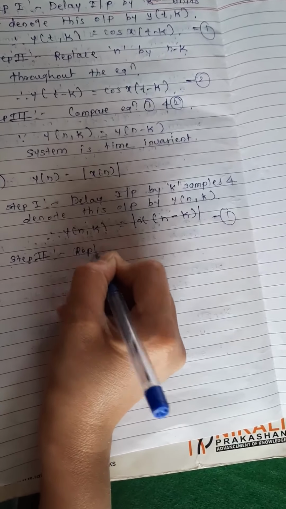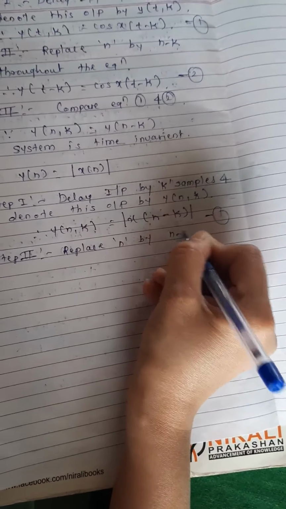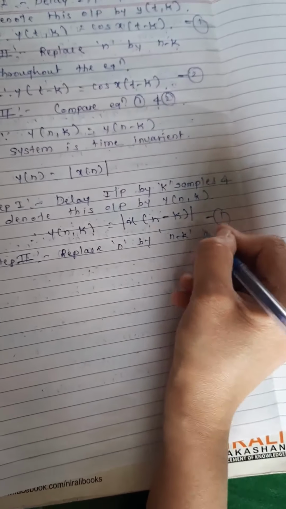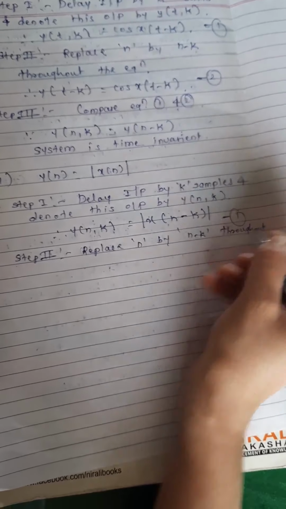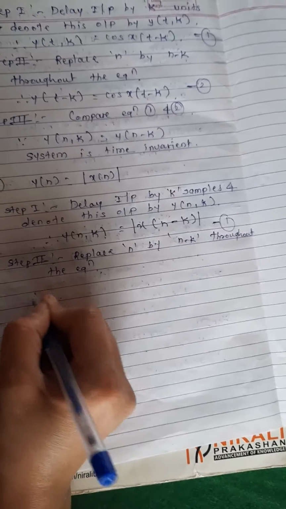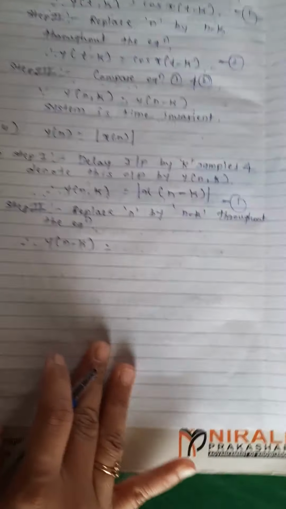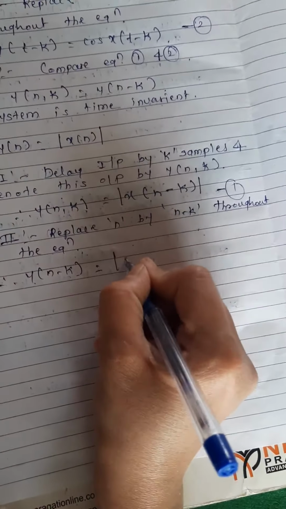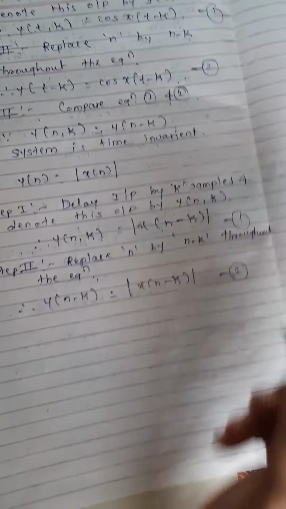Next is step 2. Replace n by n minus k throughout the equation. Therefore y of n minus k is equal to mod of x of n minus k. This is equation 2. Now we have to compare equation 1 and 2.